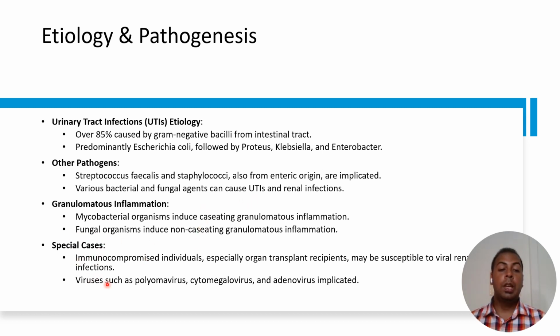Special cases, immunocompromised individuals, patients who have HIV or organ transplant recipients, they may be susceptible to viral reactivation infections. So viruses such as polyomavirus, cytomegalovirus, and adenovirus might be the cause of pyelonephritis in those patients who are immunocompromised.